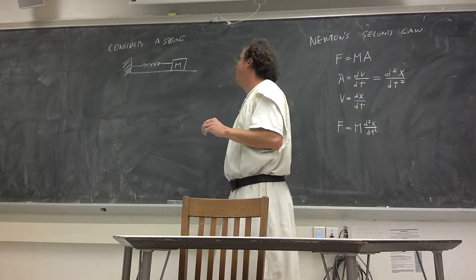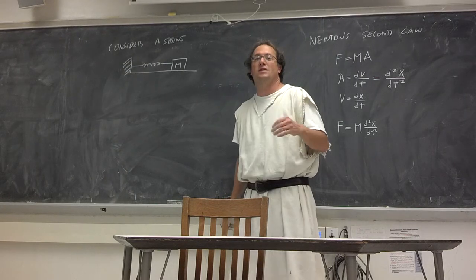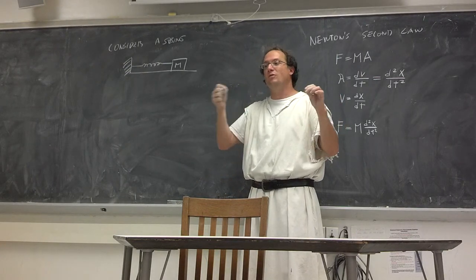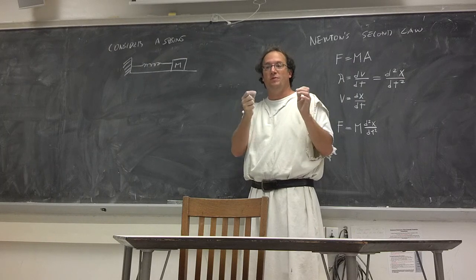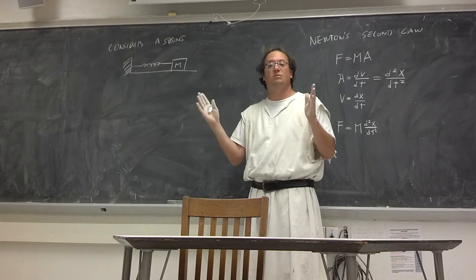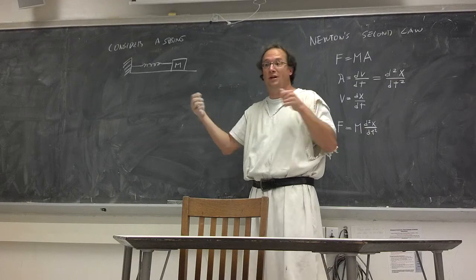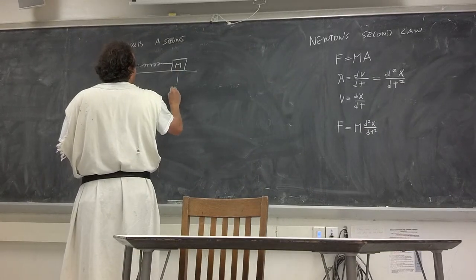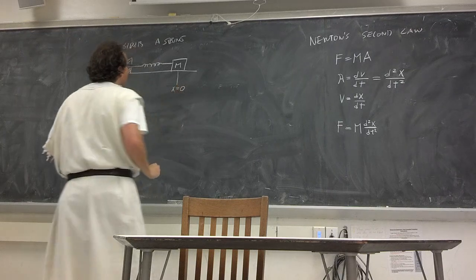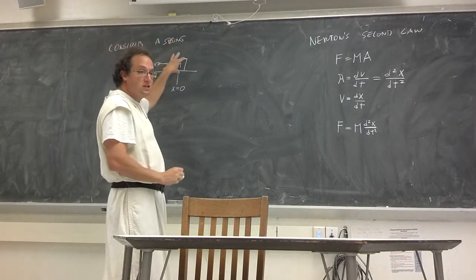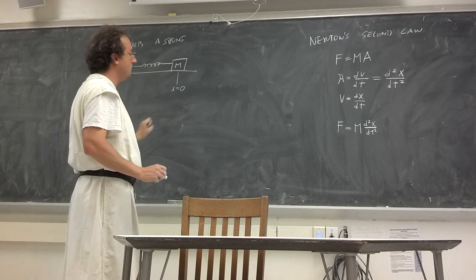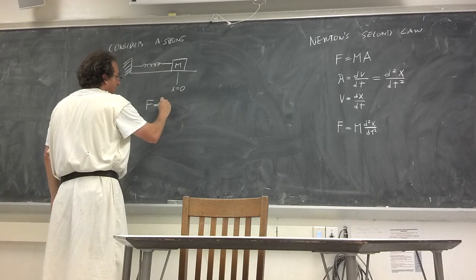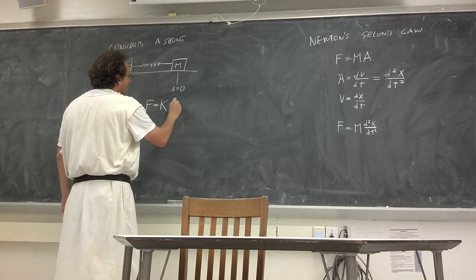An ideal spring is going to exert a force that is proportional to displacement, linearly. The more you pull it, the more it pulls back, a strict constant proportionality between the distance you pulled it and the force it's pulling back with. So if we set our zero coordinate to be the rest position of the spring, then our force is going to be some spring constant k times position.